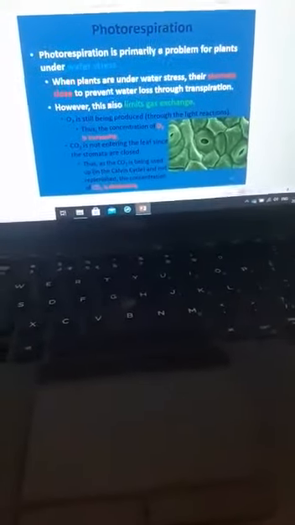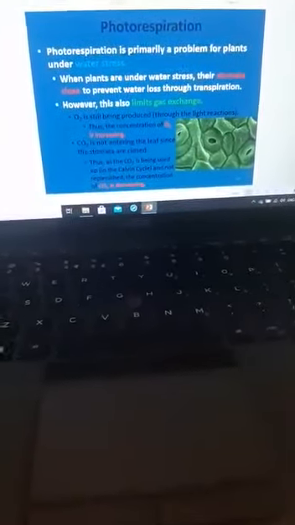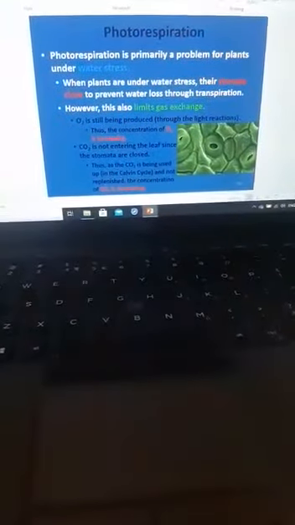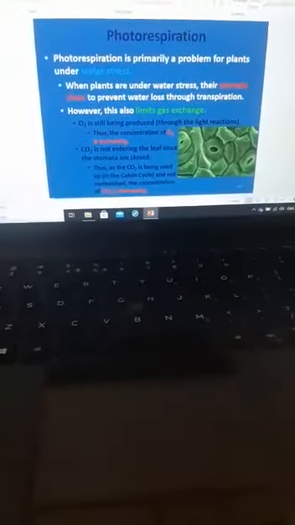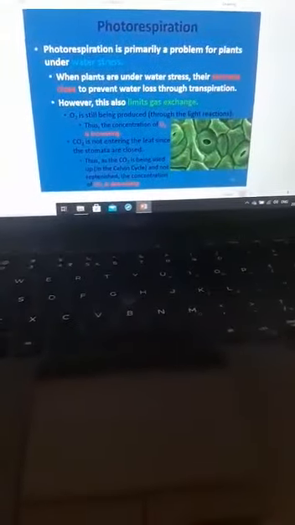Now, these plants are at an advantage because within them they have mechanisms built in that help them to lower the process of photorespiration.